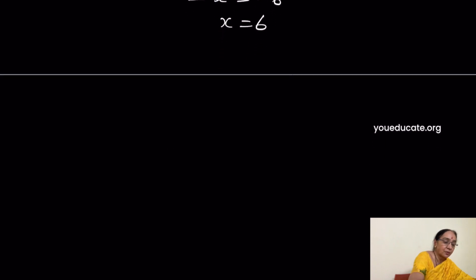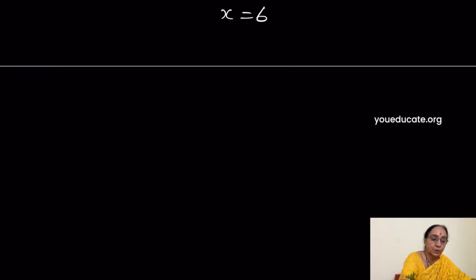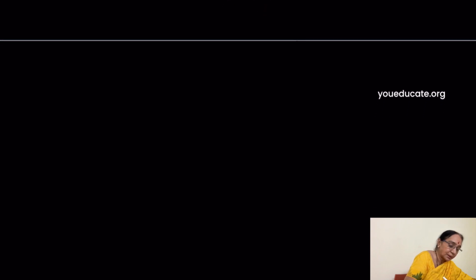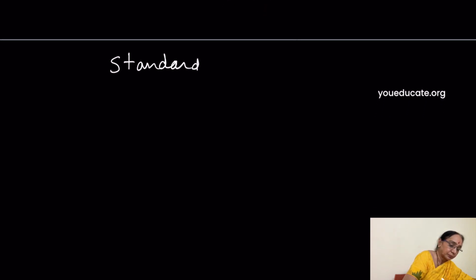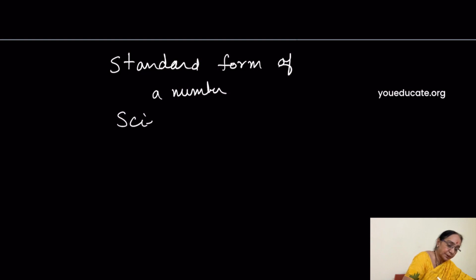So since we are now familiar with the quotient rule, product rule, power rule, and the negative index, zero index, we are now moving on to the standard form of a number. It is also called scientific notation. Why scientific notation?